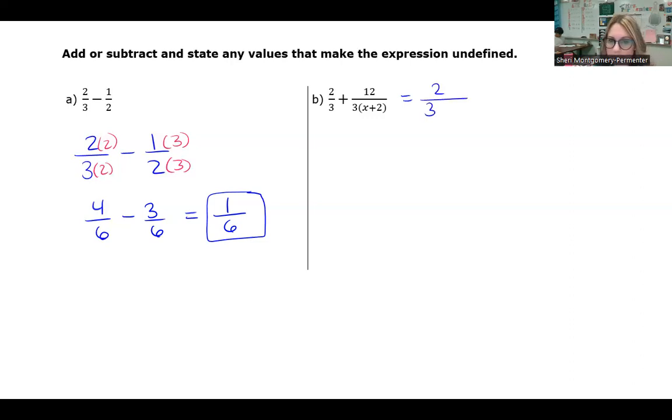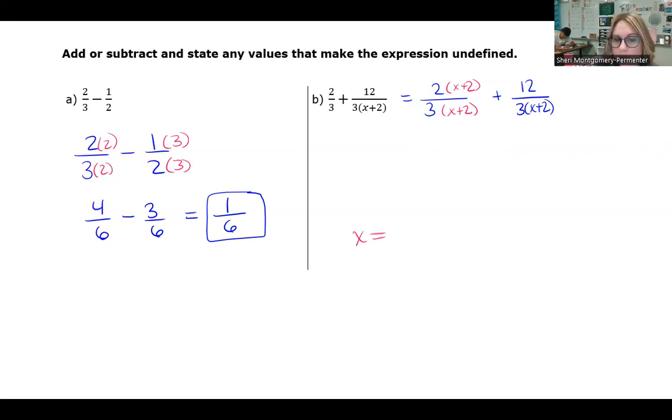And I need to multiply that first fraction by... at this point, are my denominators the same? Okay, when they're the same, you can jot down any values that would make that undefined.